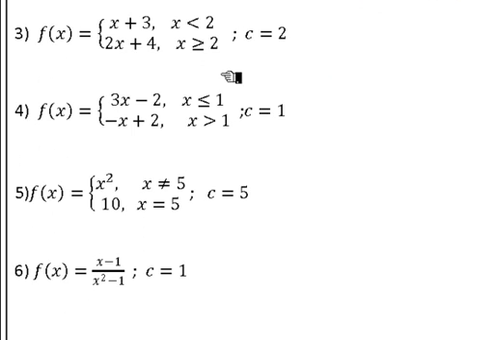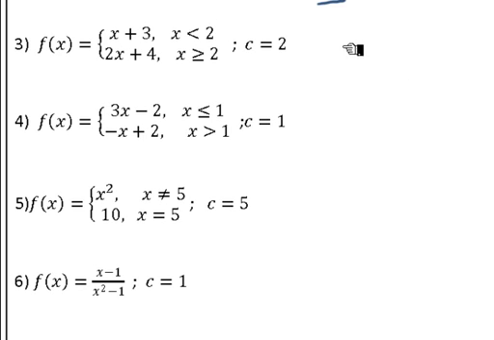Okay, let's look at number 3. Now remember, I think number 3 was continuous. No, sorry, it wasn't continuous. Number 3 was not continuous. This one is discontinuous. And remember that the limit as x goes to 2, in this case, does not exist.